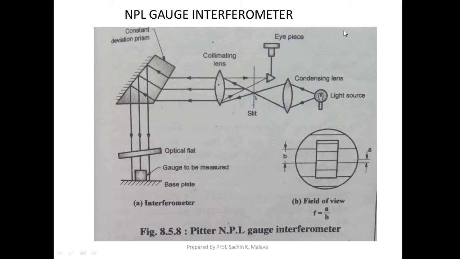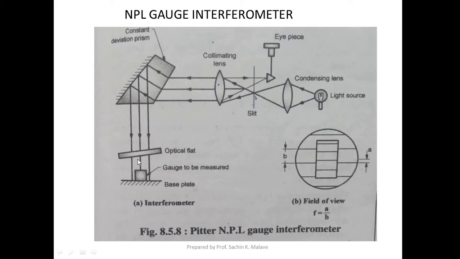So one of the beams selected by the prism is focused on this gauge to be tested, as well as on this base plate table. Now the inclination of the optical flat can be adjusted in planes such that the interference fringes can be seen in any direction. Now as we discussed in the last case also, we are going to get 2 sets of fringes.